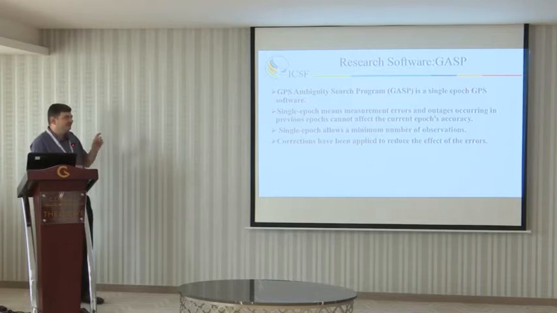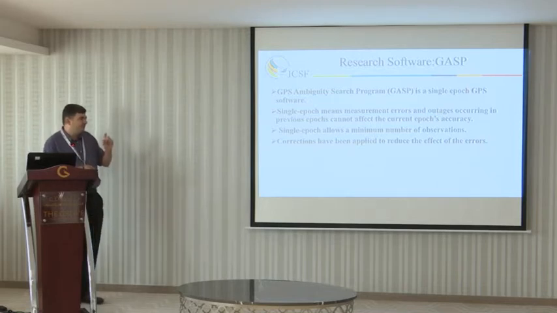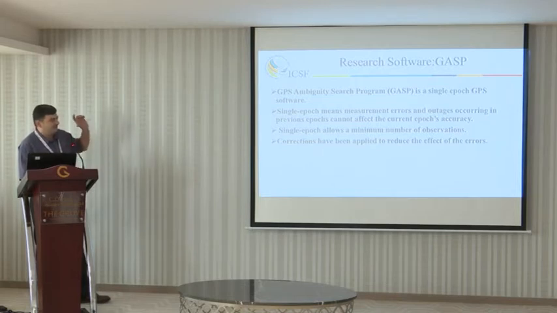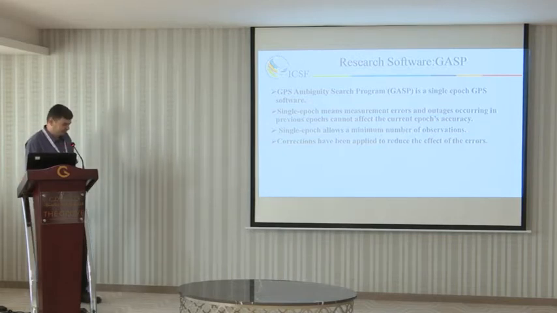Few observations mean a small number of equations, and the number of unknowns is too large. So this forces us to apply other models to correct it, like a tropospheric model, an ionospheric model, and Earth rotation, too many things. So the positive thing is that the processing won't be affected by previous errors or mistakes, but the negative thing is that the number of equations is very, very few.